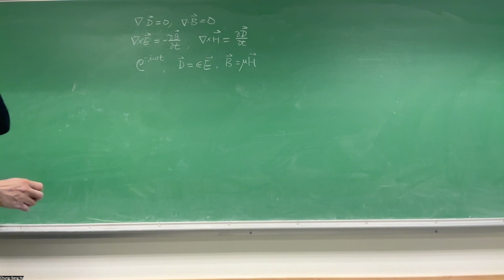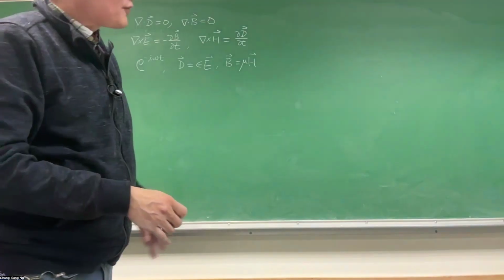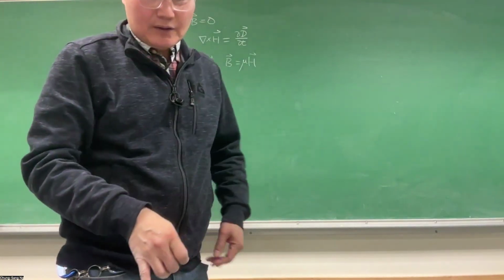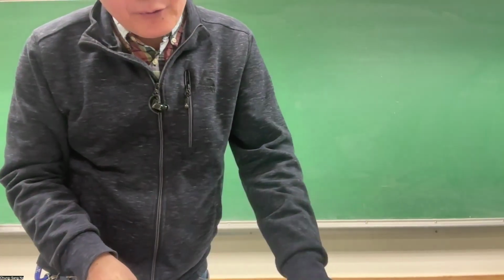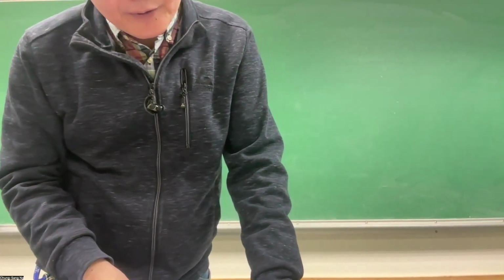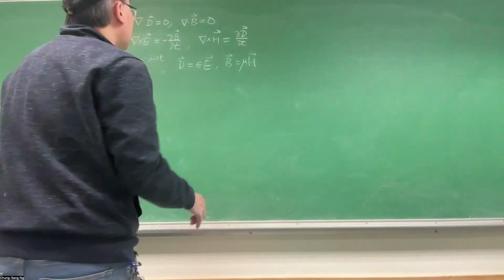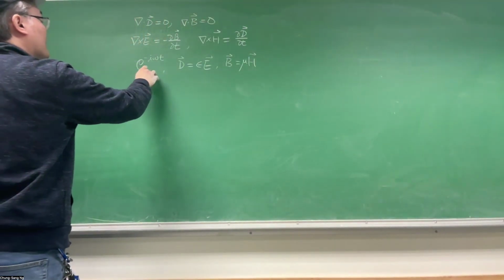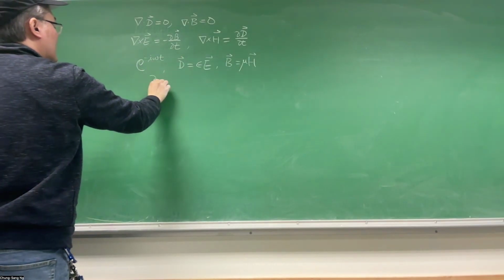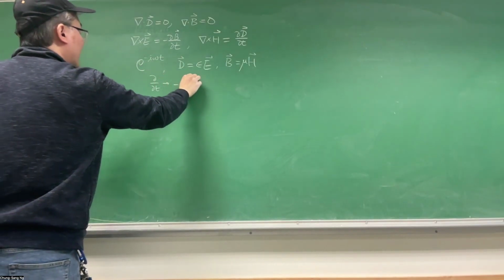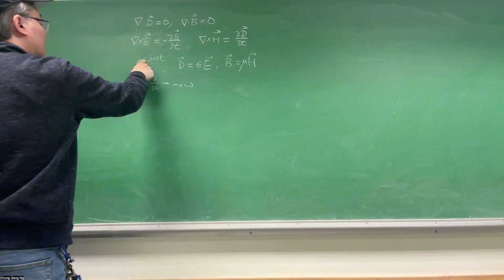Okay, so now we can look for a solution. And actually, before we look for a solution, we can write down the equations for each of these quantities, since we'll try to write down the Helmholtz equation in 7.3. So the first step is changing partial t to minus i omega, because everything depends on this factor.